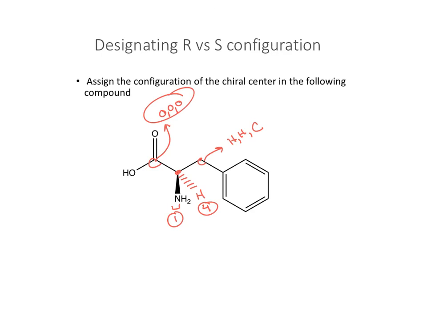So oxygens have higher atomic numbers than all 3 of these atoms, so this will be the next highest priority, followed by this. Now I'm going to draw a curve connecting the groups 1 to 2 to 3. And now I'm going in the clockwise direction, so this would be the R configuration.